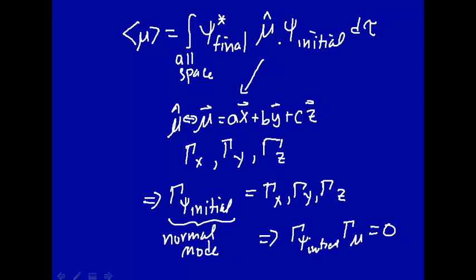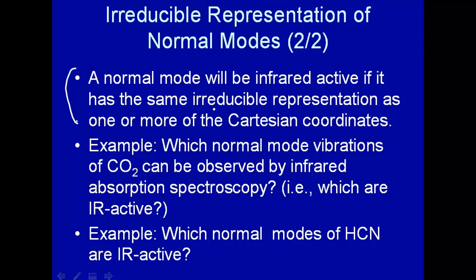You have to have the symmetry of the x, y, or z axis in here so that when you multiply it by here, you will get something not equal to 0. Otherwise, it will be equal to 0. So that's a qualitative explanation of why a normal mode has to have the same irreducible representation as one or more of the Cartesian coordinates.